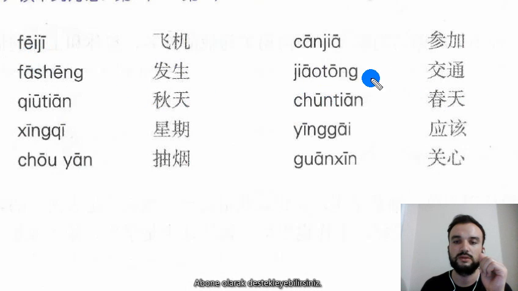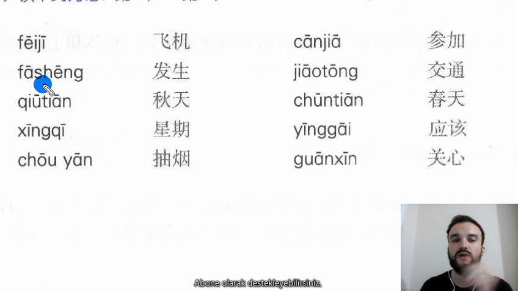Here we have a couple of first tones. We should read like fei ji, fei ji. Our sound is constant and the volume high. Fei ji, fei ji. San jia, san jia, san jia.